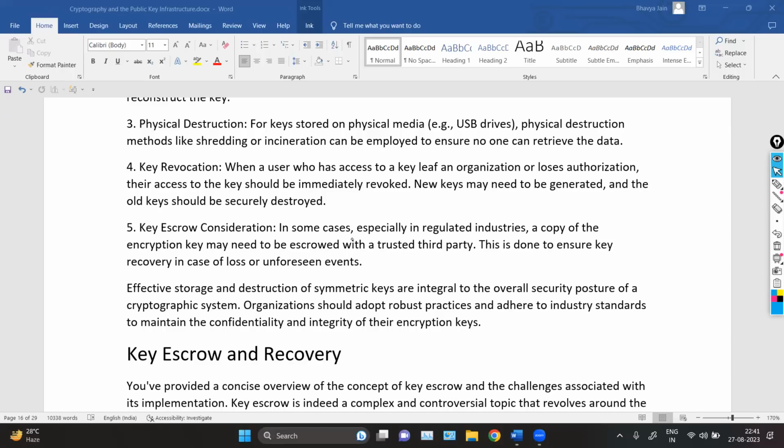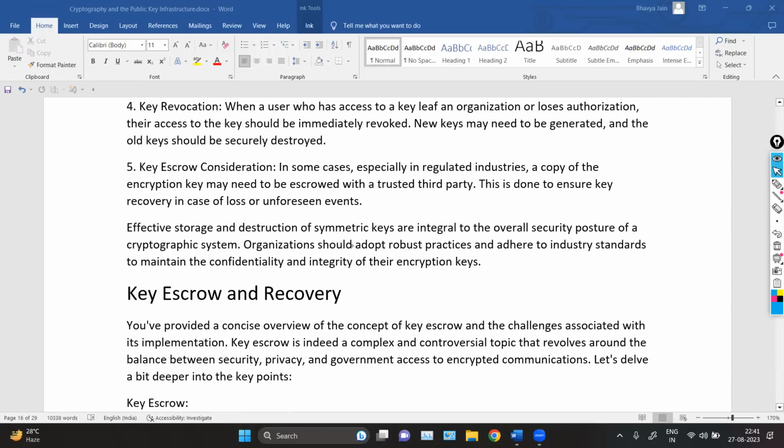Okay. Then we have key escrow consideration. In some cases, especially in regulated industries, a copy of the encryption key may need to be escrowed with a trusted third party. This is done to ensure key recovery in case of loss or unforeseen events. Okay, that is where we have a regulated industry where they keep a copy of our key, so that in case of any natural disaster, in case of any data loss, we have the backup of those keys with a third party.